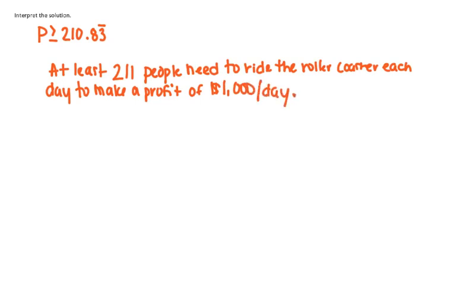And I rounded up because if I had 210 people, it wouldn't be quite enough people to make $1,000 per day. So I need at least 211 people or more in order to make $1,000 per day.